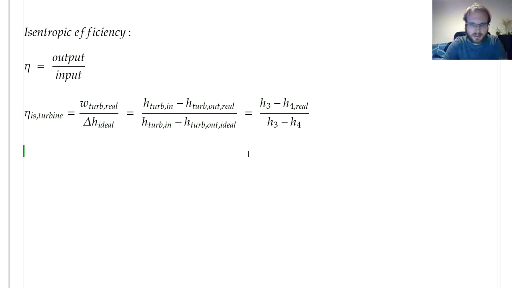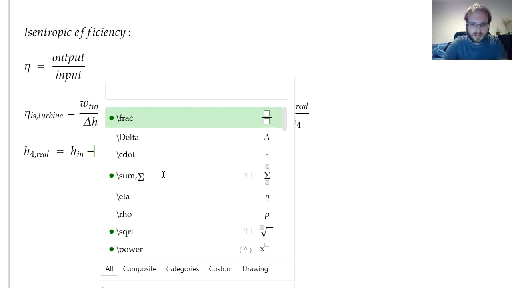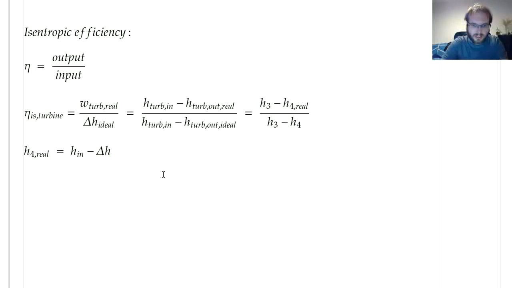So now we can find the expression for the outlet enthalpy, H4 real, and it will be the enthalpy at the inlet. Let's first write it: enthalpy inlet minus ideal enthalpy difference multiplied by the efficiency.